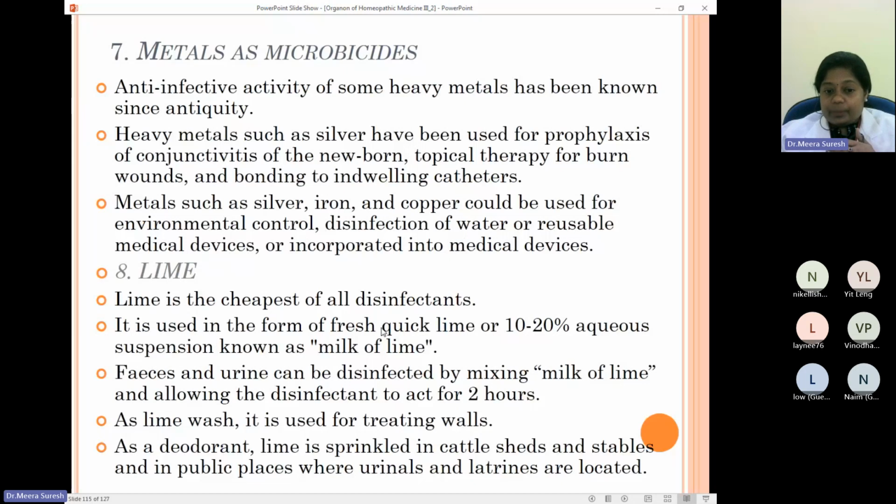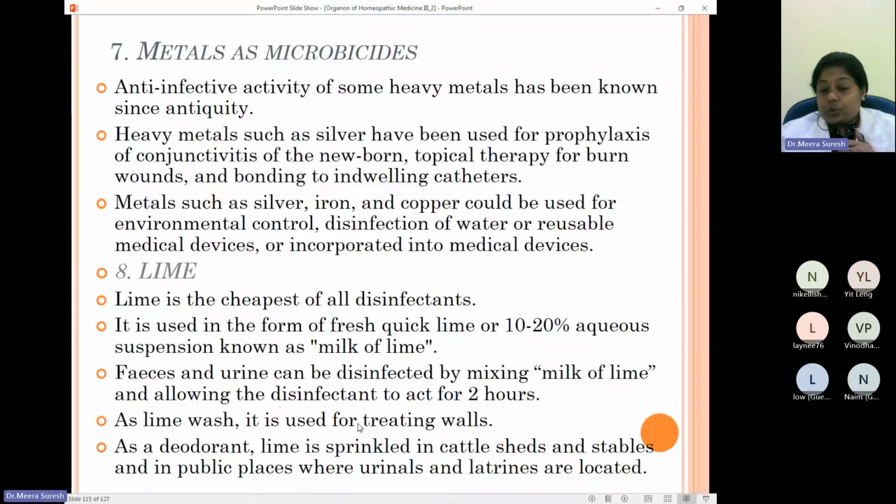Then lime, it is the cheapest of all disinfectants. It is used in the form of fresh quicklime or 10 to 20 percent aqueous suspension known as milk of lime. Feces and urine, very easily available, very cheap actually. Feces and urine can be disinfected by mixing milk of lime and allowing a resting period of 2 hours.